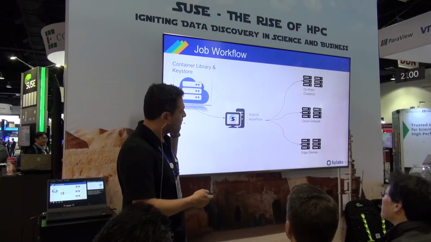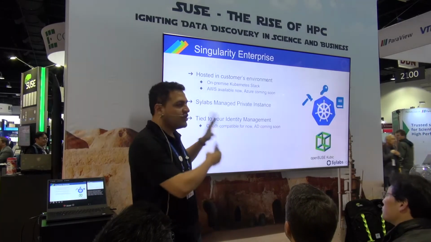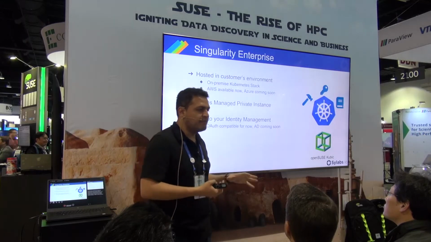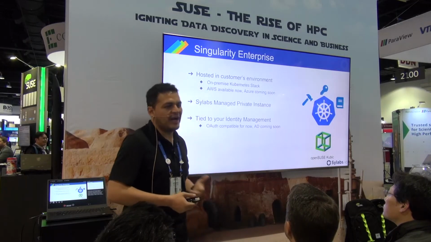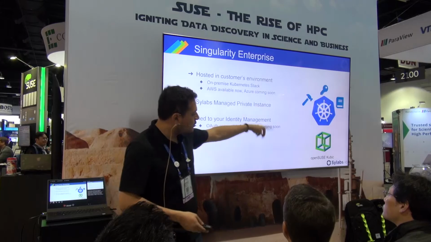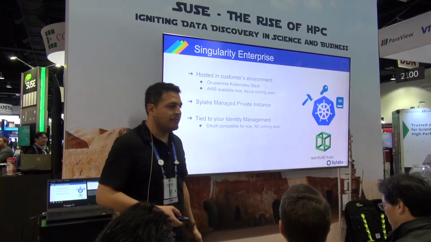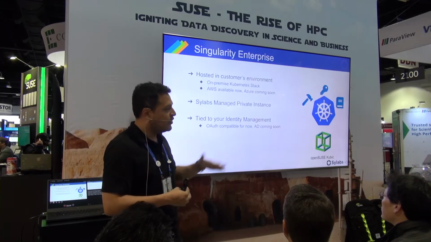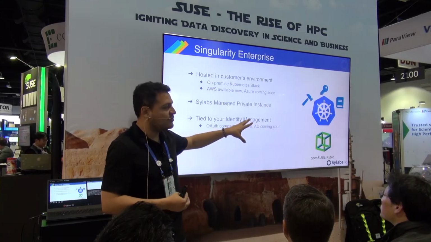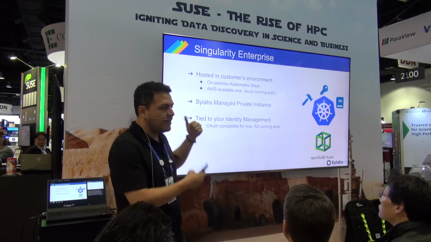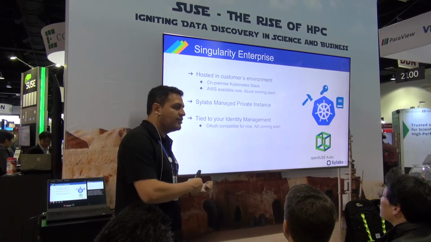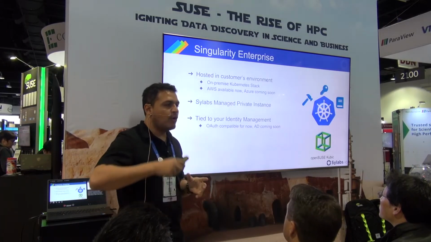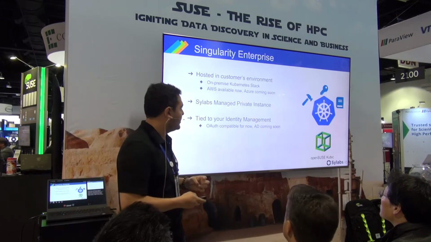So you can know that you are going to be running a secure container, but adding all the extra features of Singularity. And all these services run on top of a Kubernetes platform that you can deploy very easily with a Helm chart, and you can run them on top of the openSUSE Kubic project, which is going to add extra security to your project. So if you have openSUSE Kubic with your Kubernetes running, you can then start running the library, the remote builder, and the key store to have all your workflow for your containers.